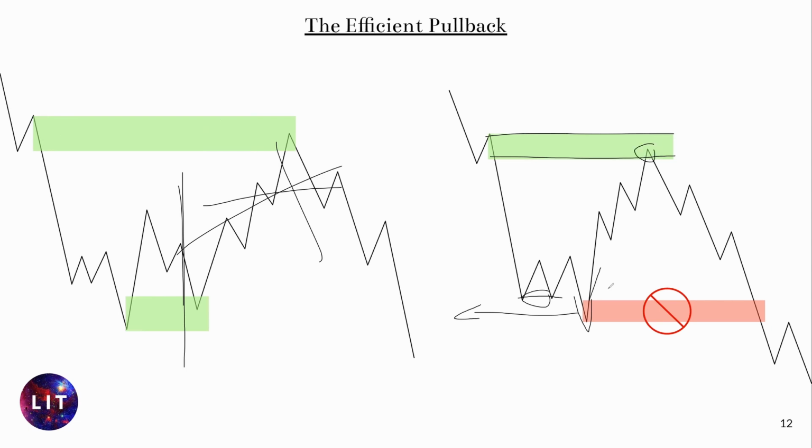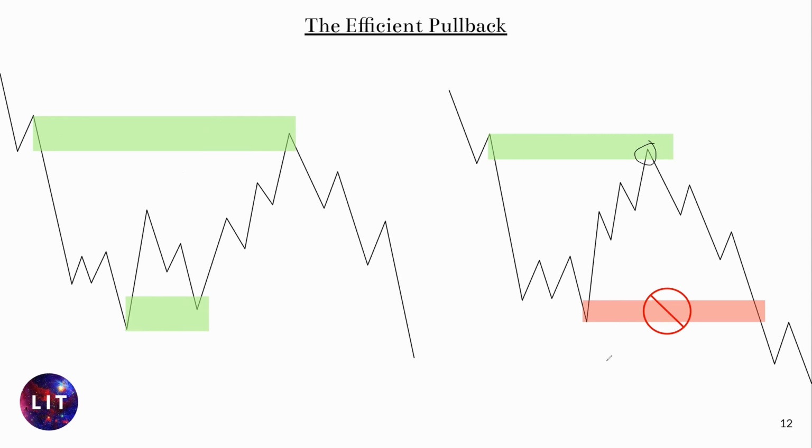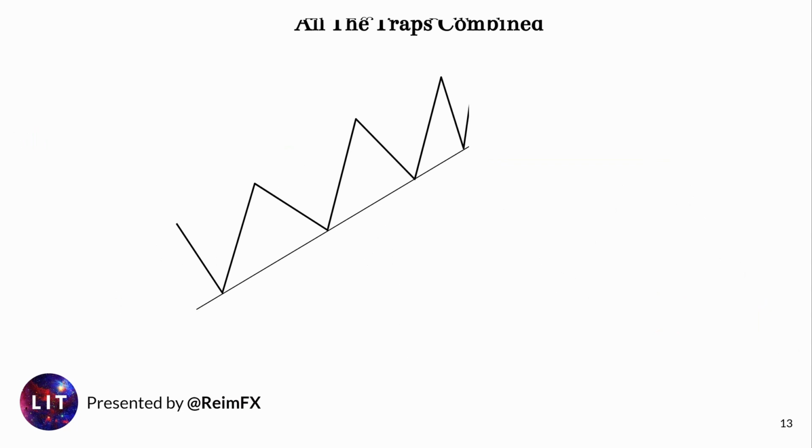You see, it never really gets mitigated in here. It taps into the overall demand in here. Then again, there's no reason anymore for this to get mitigated. It obviously will be broken, and that's why this zone in here gets invalid afterwards. And that will be called, again, the efficient pullback in here. So just a quick recap about that. I hope that's clear, and I think it is. So definitely we can move on now with all the traps.